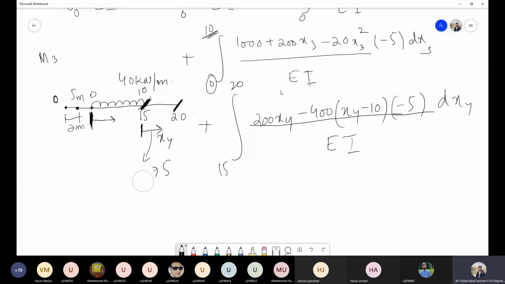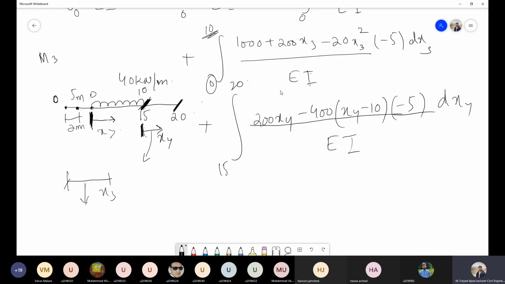You can take this as x4 starting from here. Then your limits will be 0 to 5, but your equation for M4 will also change slightly when you take the reference as this point. You should do it just like we did for the x3 case. Or the other way around, you can take x3 from this starting point and write the equation for x3.